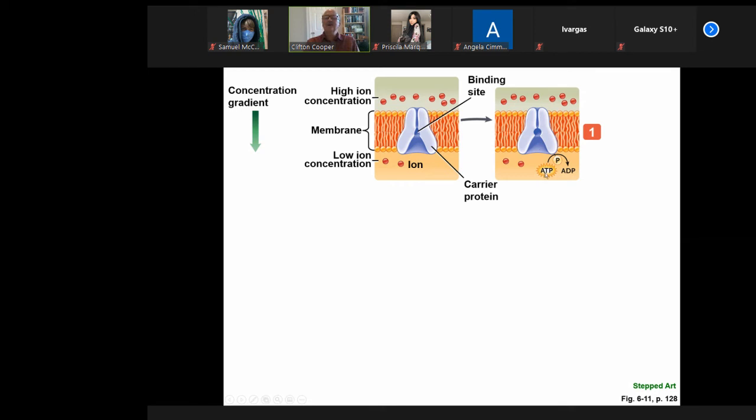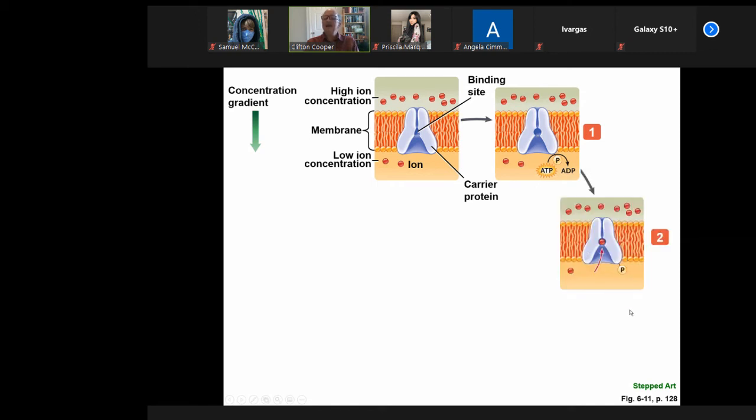But what happens is ATP will bind to this active transport protein. The binding of that phosphate energizes the protein. Its binding site changes, so now it has a high affinity. It's very likely to bind with this ion.